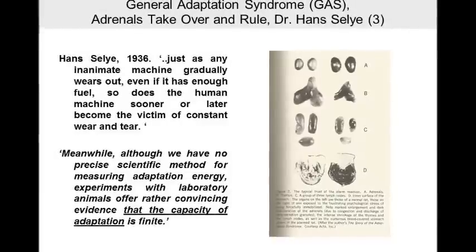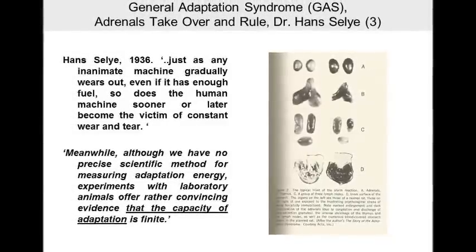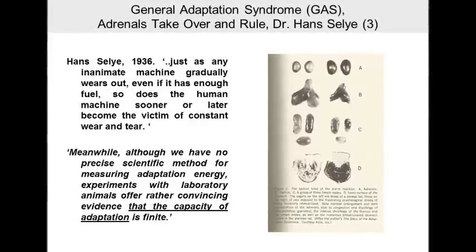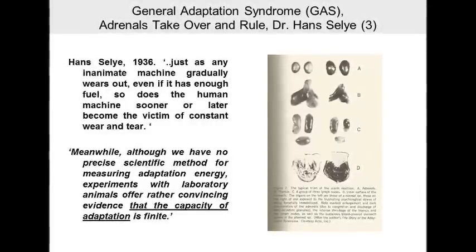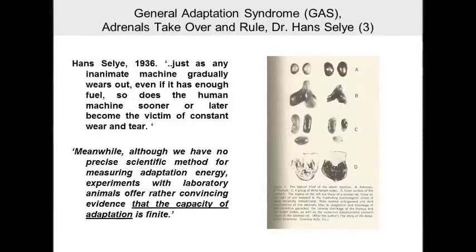On the right, these are adrenals, and this is thymus. These are lymph nodes, and this is stomach. And these are adrenals, thymus, lymph nodes, and stomach.